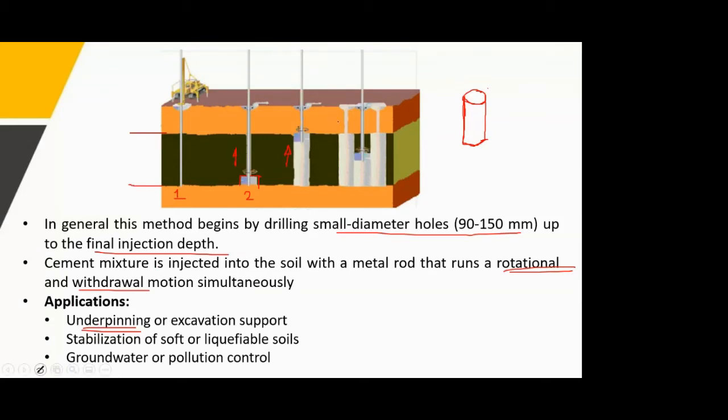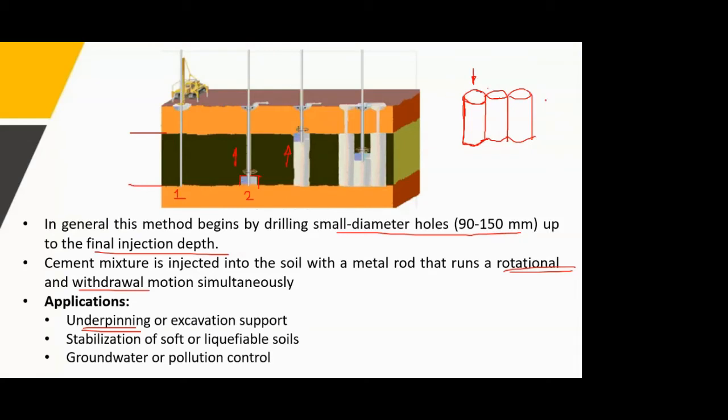You can use this kind of grouting there, or if you have a soft soil you can stabilize it, or even for groundwater or pollution control. As I told you, at the end, what you are going to get is such cylindrical piles. If I do this grouting in a series without keeping any gap, what I'll get is a wall kind of thing. But the only difference is that the wall will be built of this cylindrical shape.